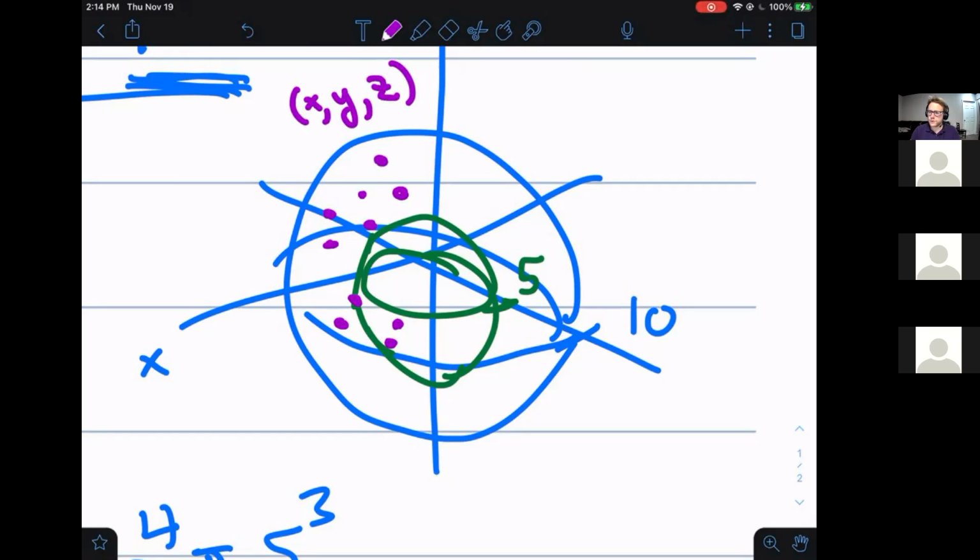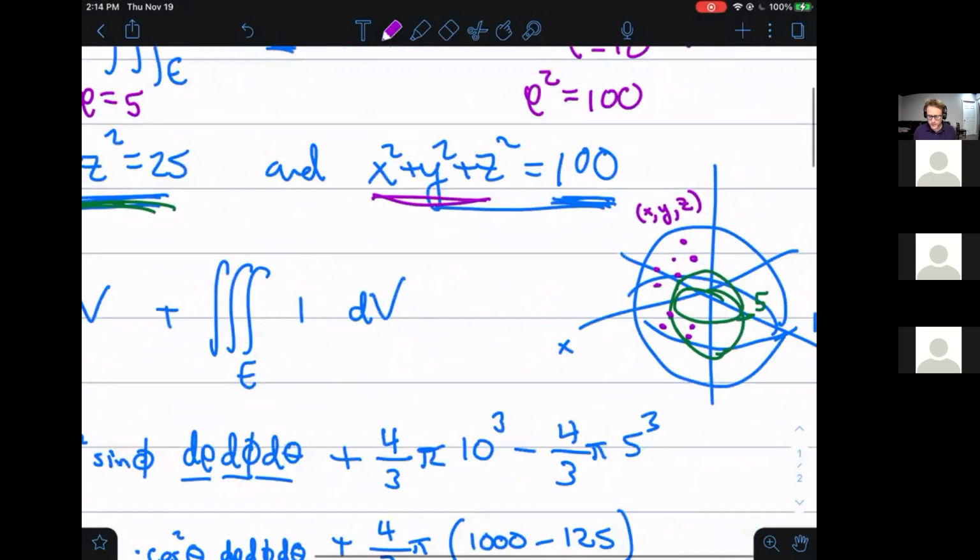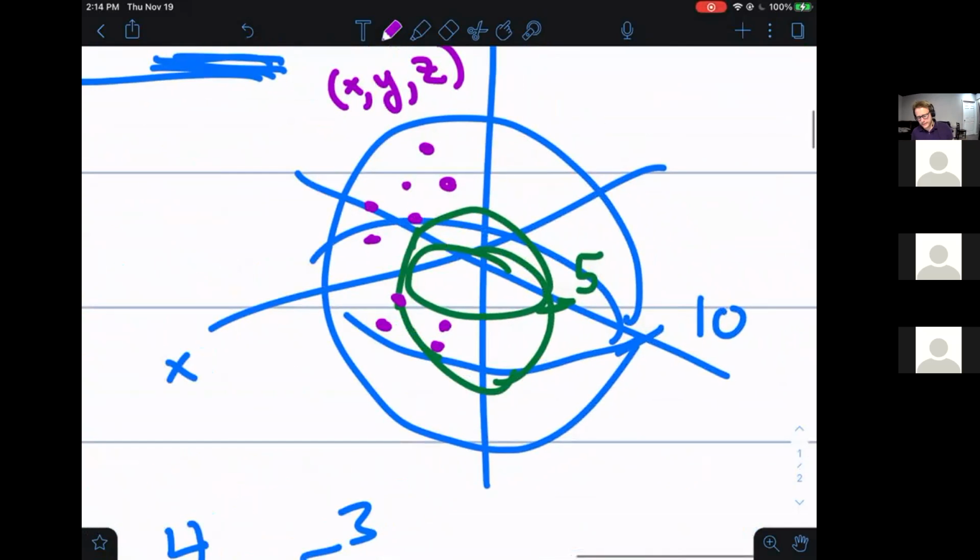So it's as if you just take the x value from the point, because we're just doing x here, and you square it. Anything squared is going to be positive, so you're adding up lots and lots of positive numbers all throughout this hollow sphere here.